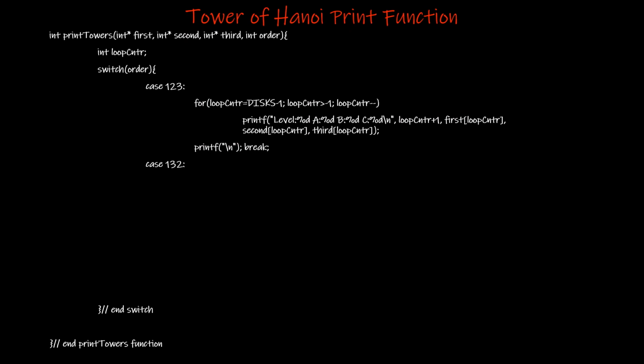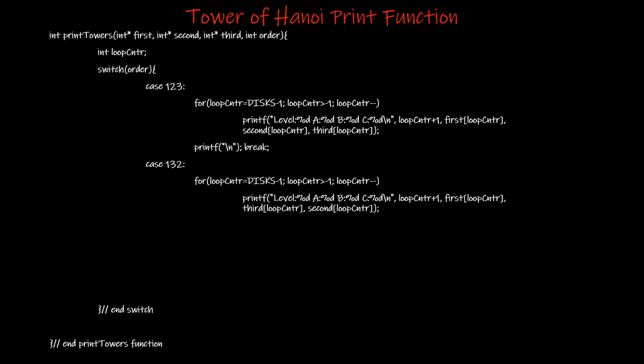If the case is 132, we again print, but the arrangement will be the first will be the first tower to be printed, third will be the second tower to be printed, and second will be the third tower to be printed. So it matches the values which we have specified.